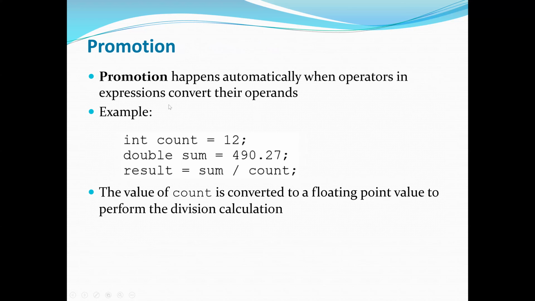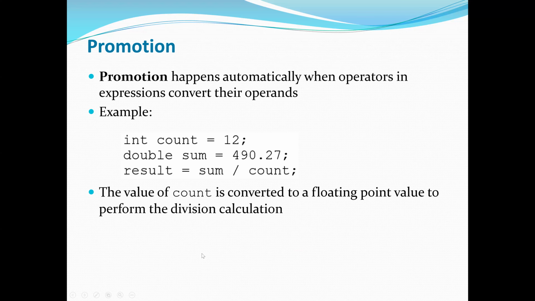Now, promotion happens automatically, so we said implicitly. Promotion happens automatically when operators in an expression convert their operands. For example, we have a variable named count, we assign 12 to it, and it's int. Then we have a variable named sum, which is double, and we assign a value to it, 490.27.